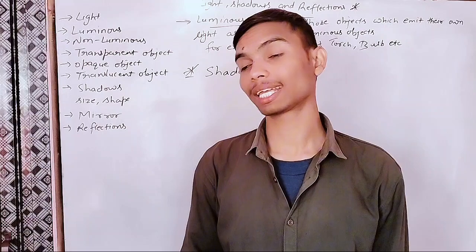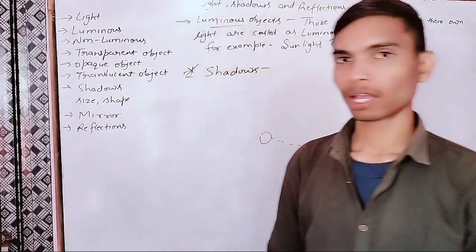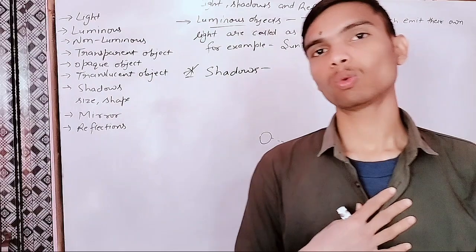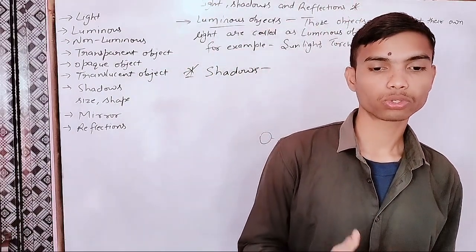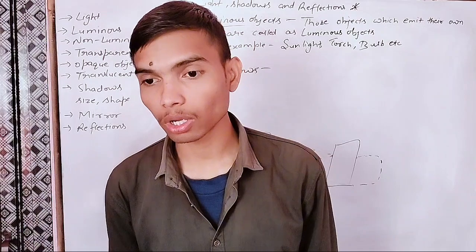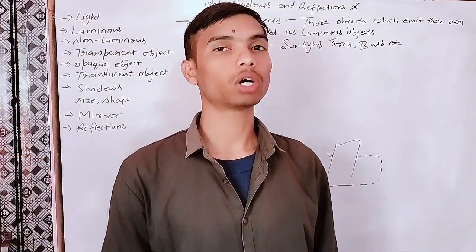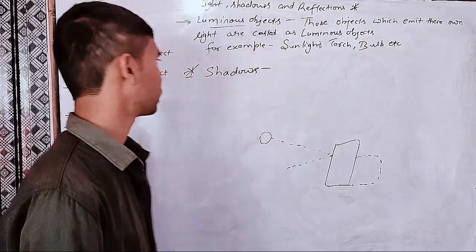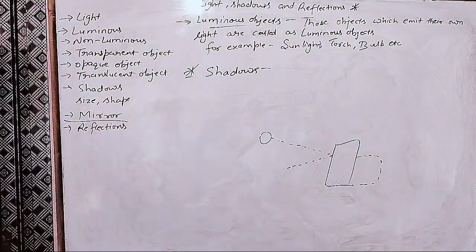Sometimes we can be confused. So here we can say the shape of the shadow of an object will not describe the original object. Clear? Now we are moving to next.